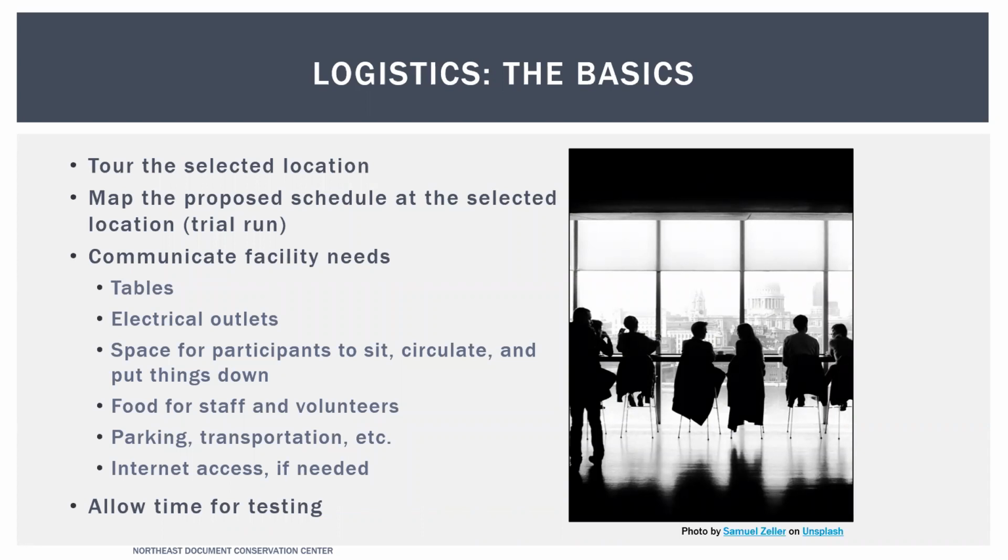You'll also need to be thinking about the more practical aspects of the event. And so whether you're going off-site and into a specific community, or whether you're hosting it at your own institution, be sure that you have access to sturdy tables, convenient electrical outlets, and enough space for people to circulate and carry their items, as well as chairs for staff and participants alike.